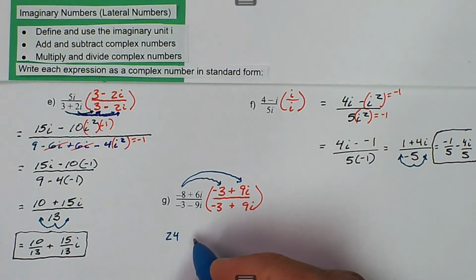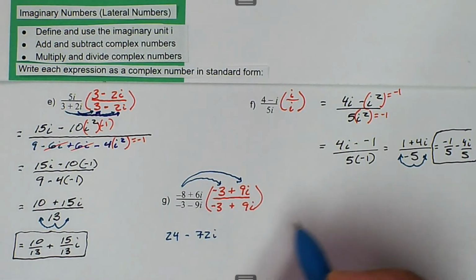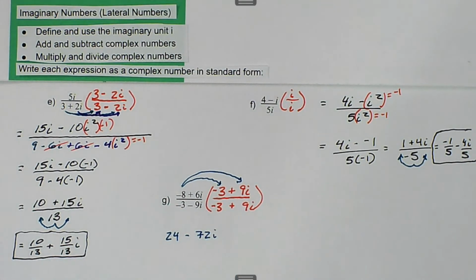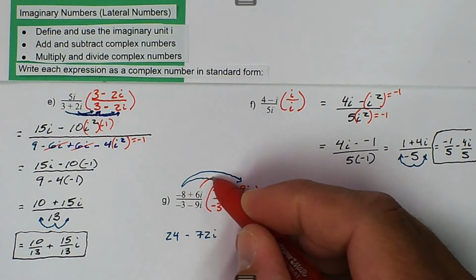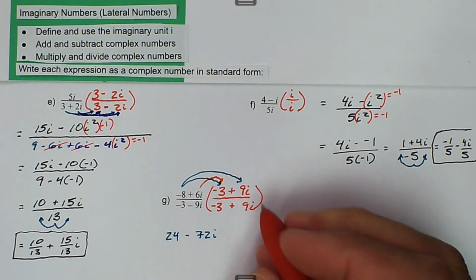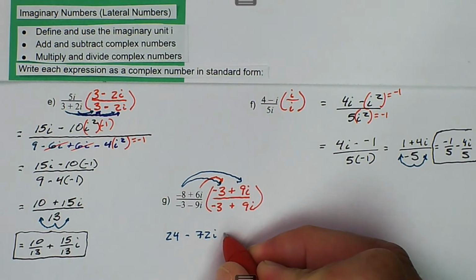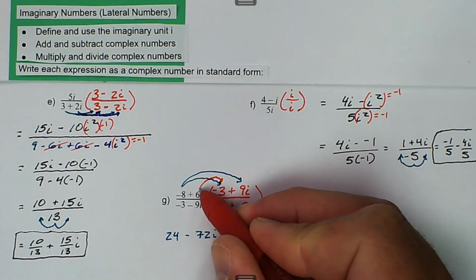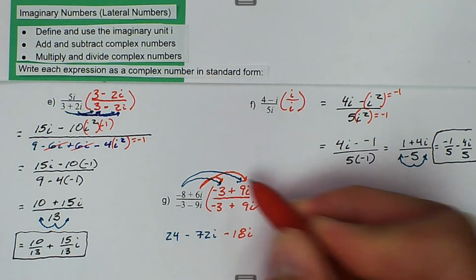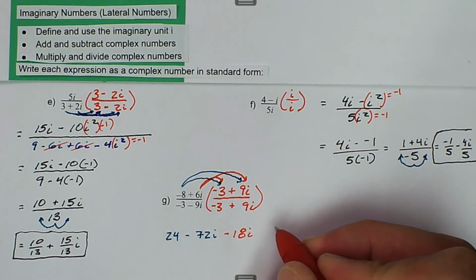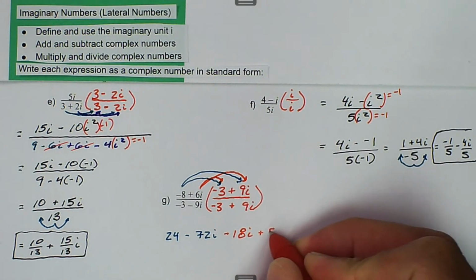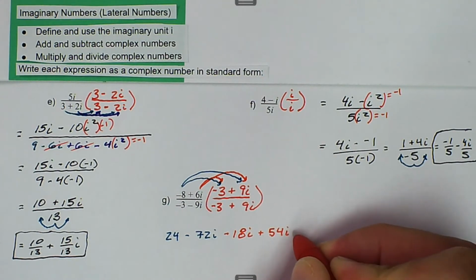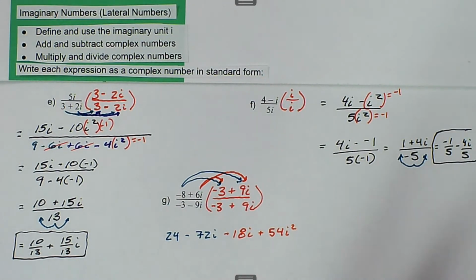Negative 8 times 9i is negative 72i. 6i times negative 3 is negative 18i. And 6i times 9i is positive 54i squared.